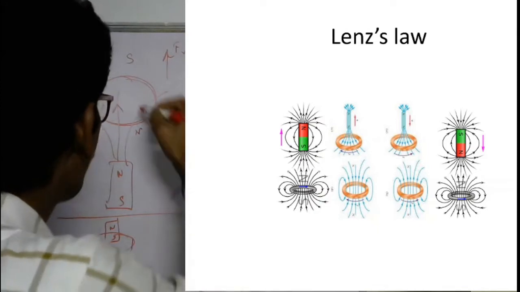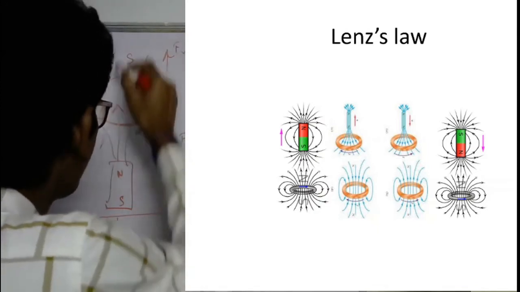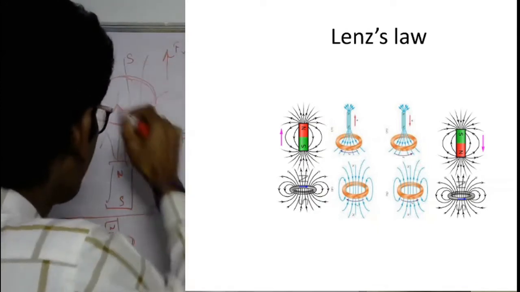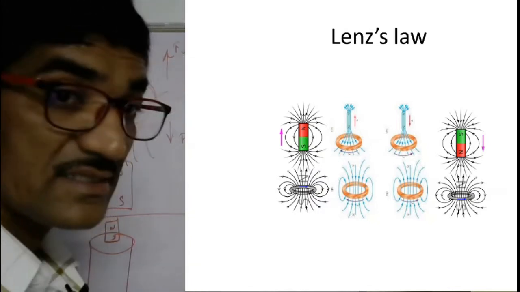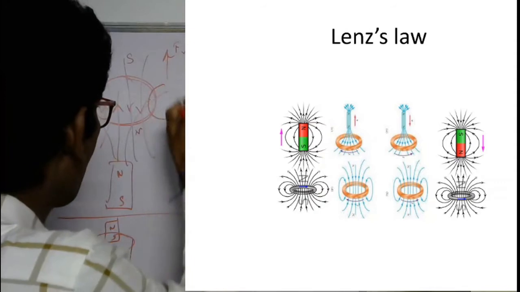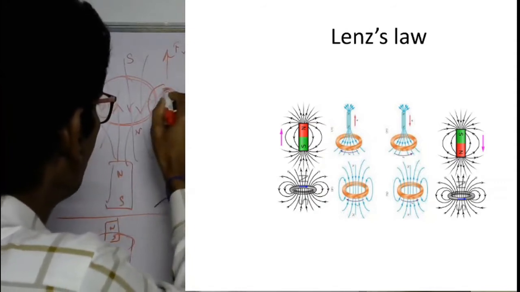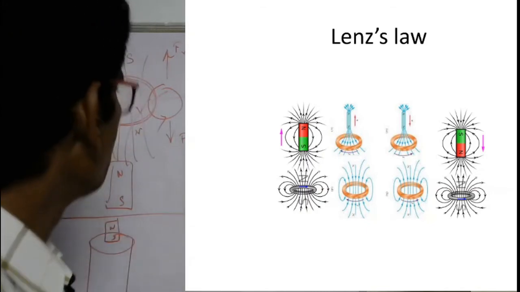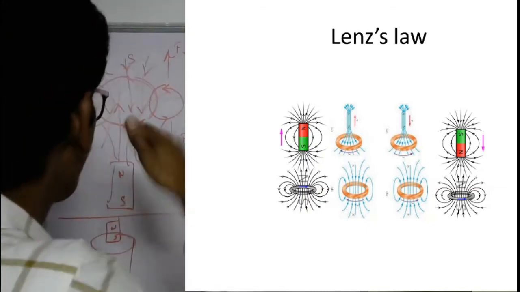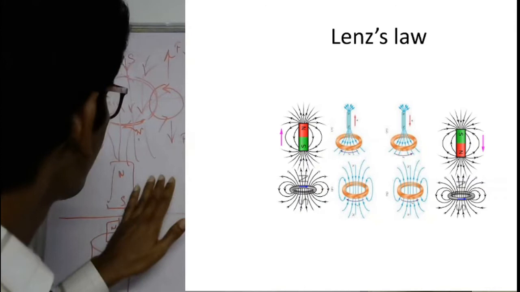That means here you have magnetic field lines like this due to the induced current. So this will be the direction of field lines in this case.